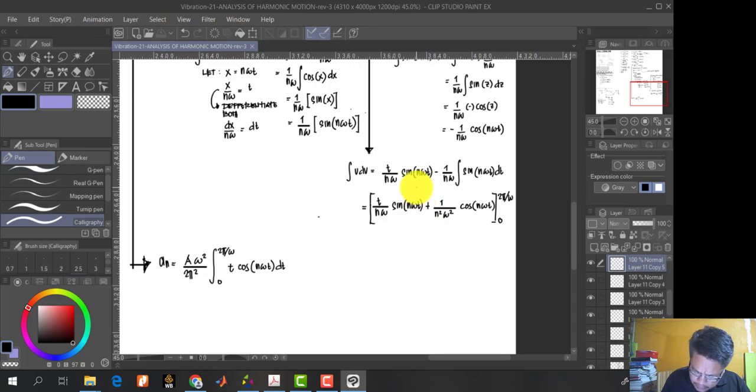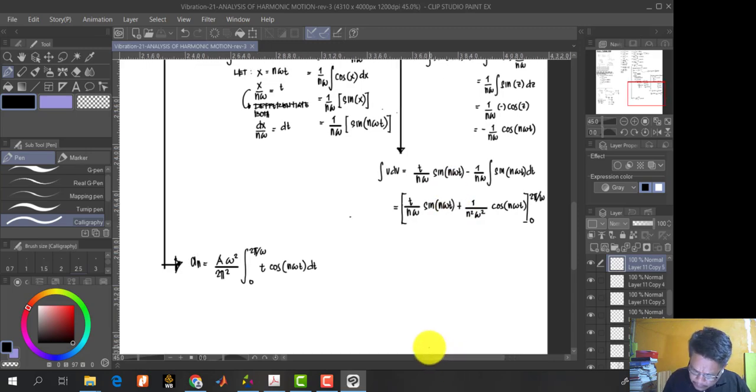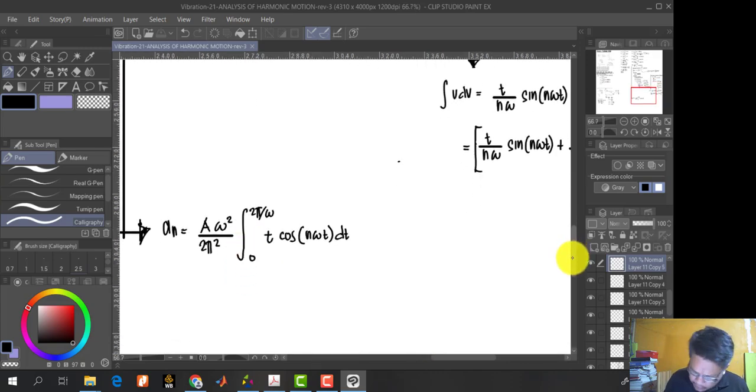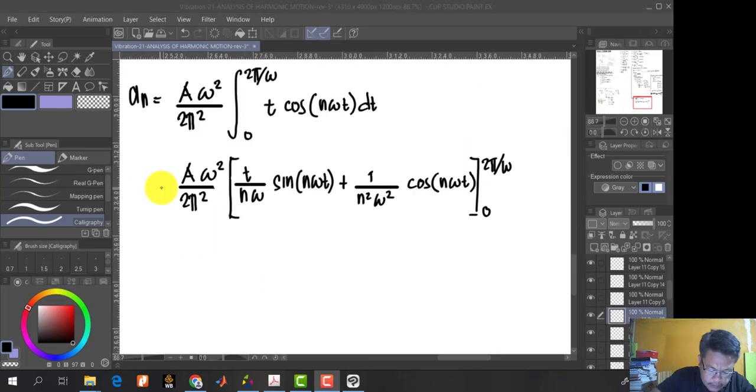So substitute natin, since na integrate na yan, we can substitute here to the equations. So I can rewrite my equations here as yung constant na ito, then multiply in this one. We have this one. Now I can factor so that we can achieve yung solutions from the book.